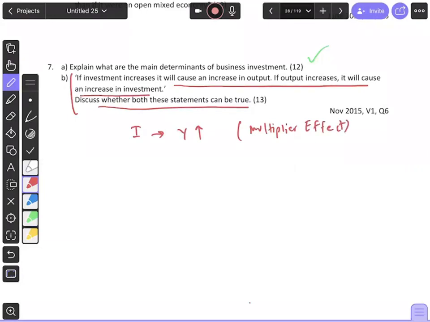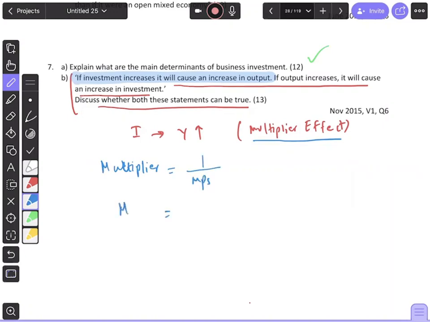Okay, so you first talk about how an increase in investment can cause output to go up, which is the first part of this question. And the answer to this is we'll explain what we call our multiplier effect. So multiplier theory. And the multiplier, by the way, is 1 over MPS in a two-sector model.